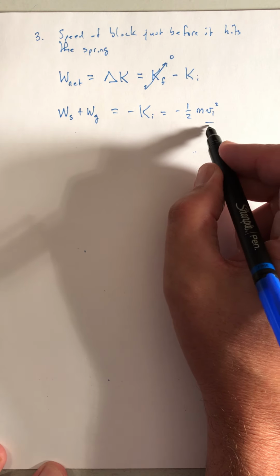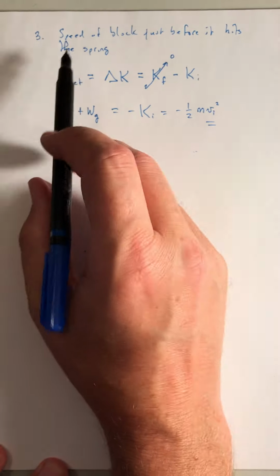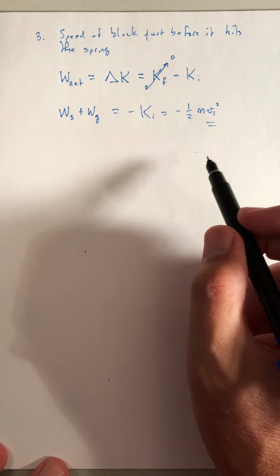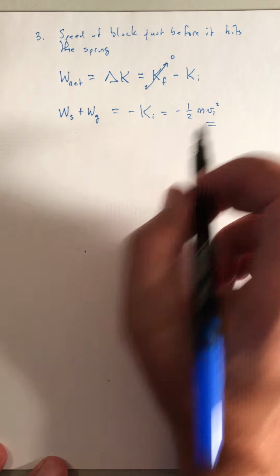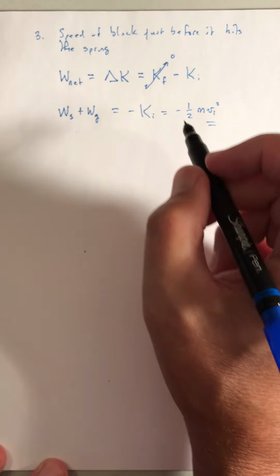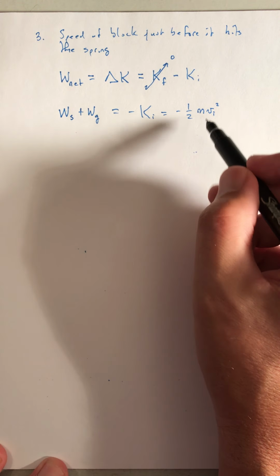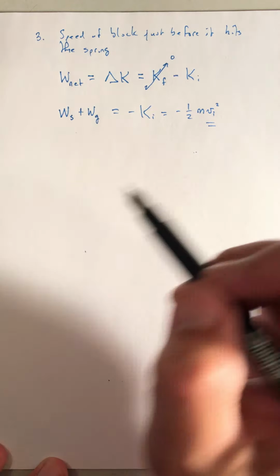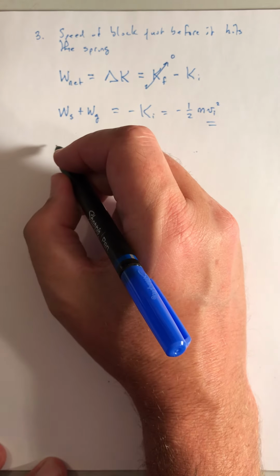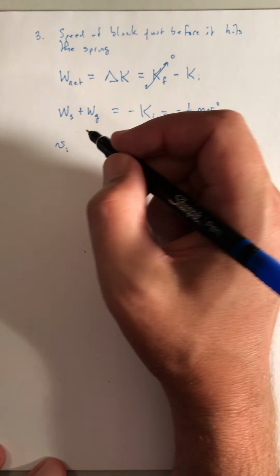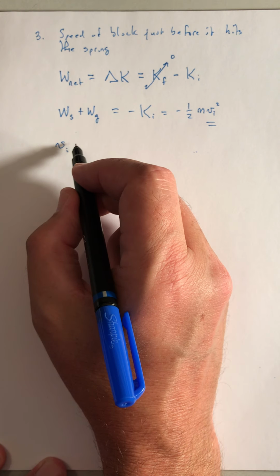We want to solve for the speed, and notice since we're asked for the speed, we only need the positive root when we flip this around. If we were asked for velocity, there would be two possible values, plus minus, but speed can't be negative. It's the magnitude of the velocity vector, so I'm not going to worry about the plus minus.